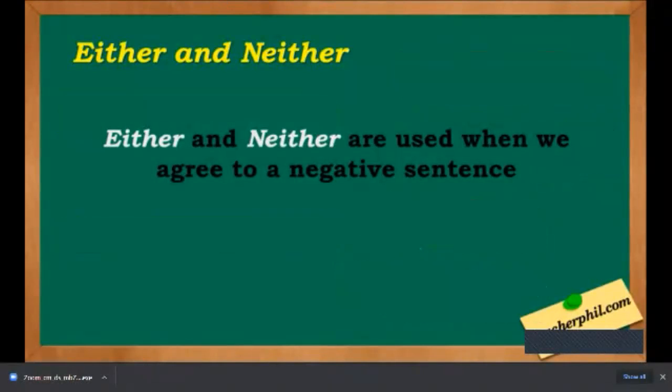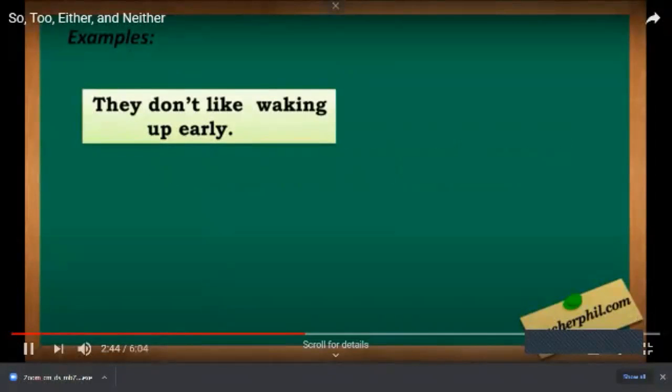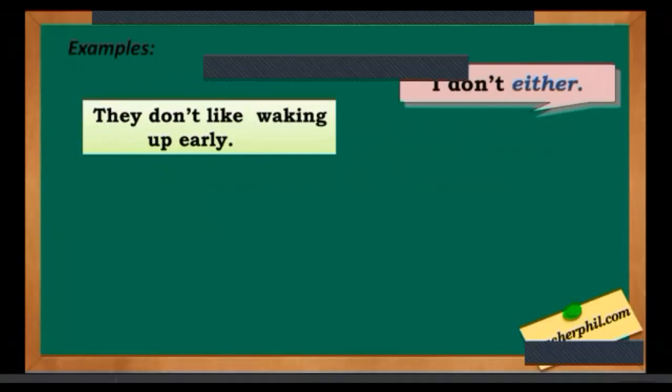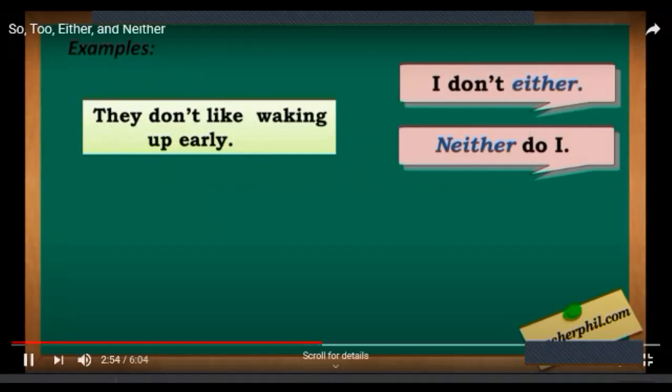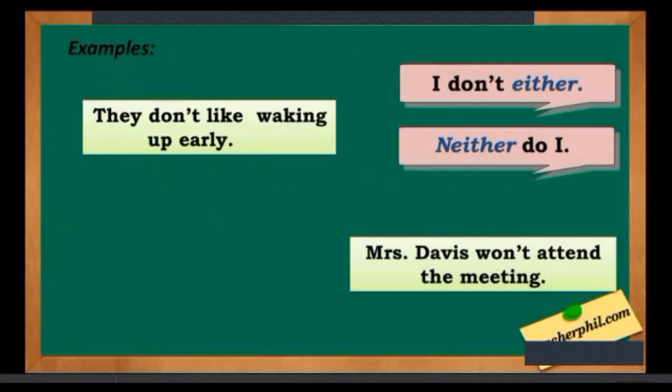Either and neither. Either and neither are used when we agree to a negative sentence. Take note also of the word order. Examples: They don't like waking up early. I don't either. Or, neither do I. Mrs. Davis won't attend the meeting.